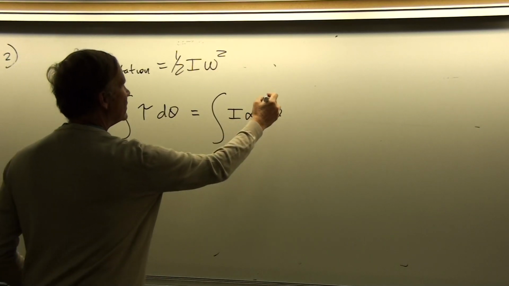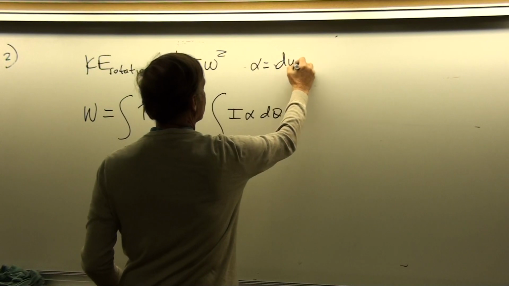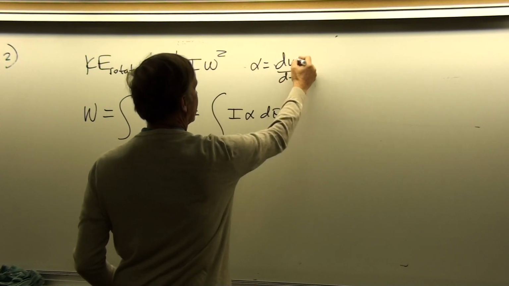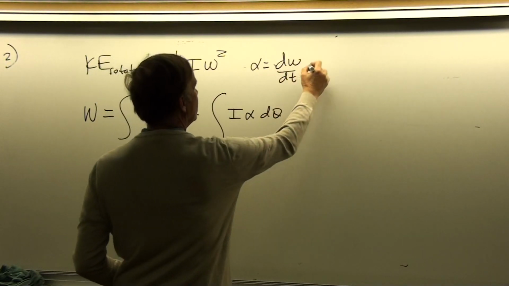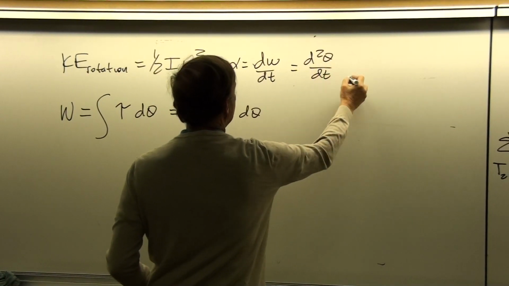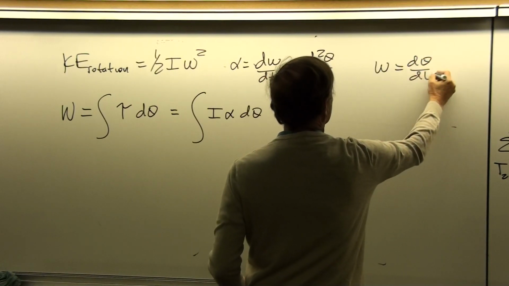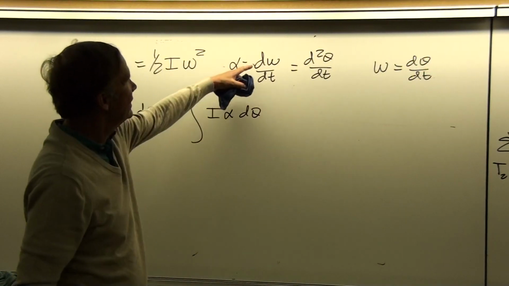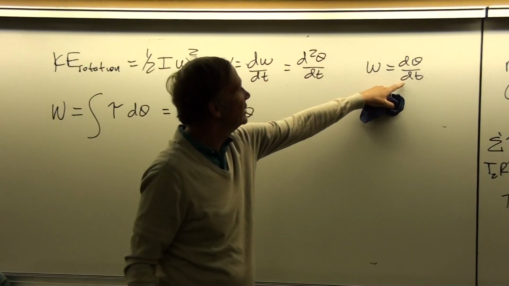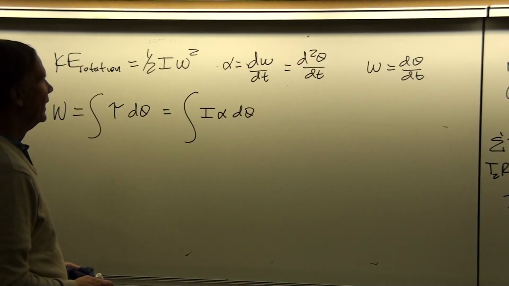But alpha is the derivative of omega with respect to time, but it's the second derivative of theta with respect to time, because omega is d theta dt. So basically, by taking the derivative of omega, what you're doing is taking the second derivative of theta.